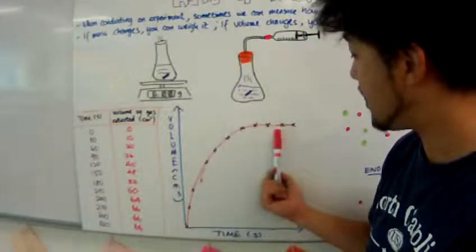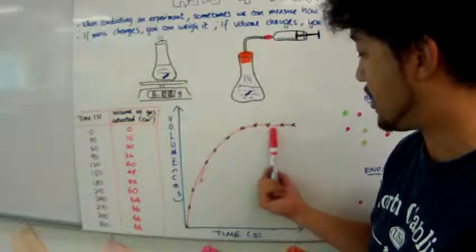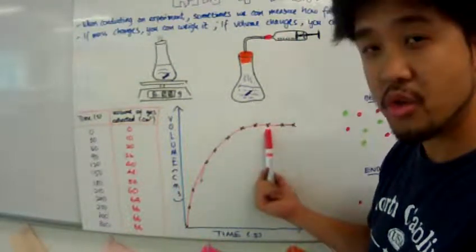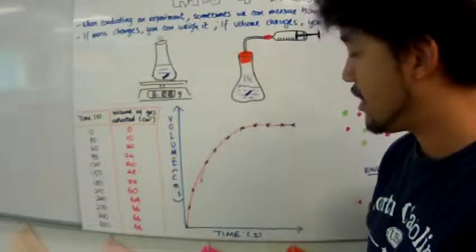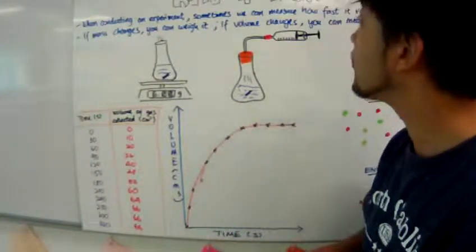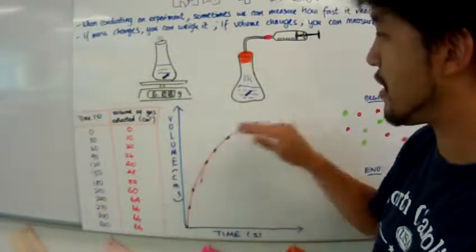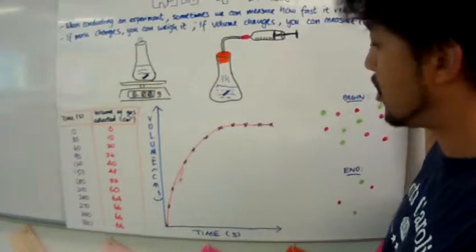And what you're going to see is that this is going to happen as the reaction ends. No more new products are collected. And this is the general graph that most rate of reactions will go through, the same pattern as I've drawn.